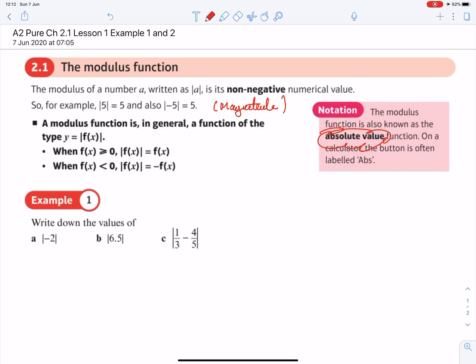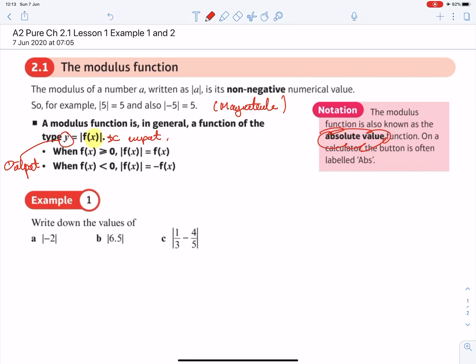So a modulus function is in general a function of the type y equals f of x. x is our input value, and y is the output value, so what you get out from the function.